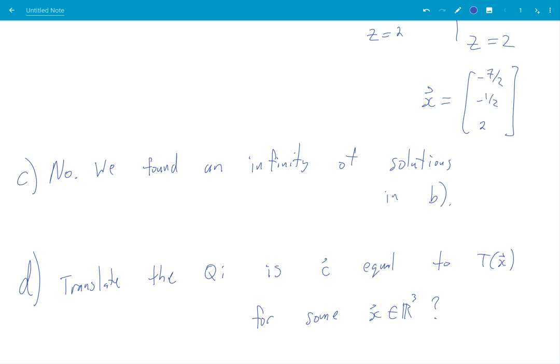The range of a transformation is the set of all these guys. So the range of T is the collection of all things that look like this. So I want to find out, is C one of these guys?